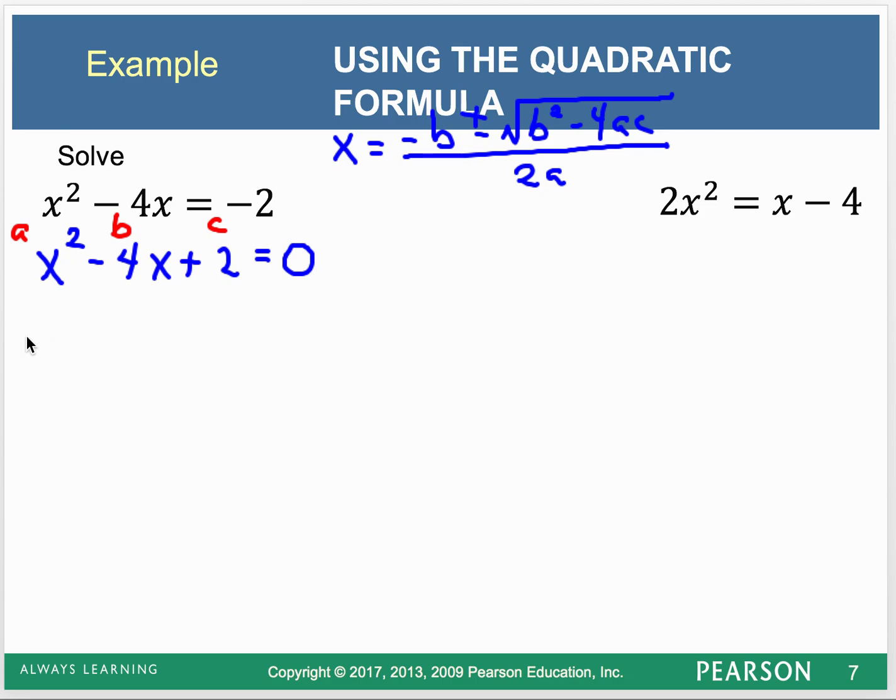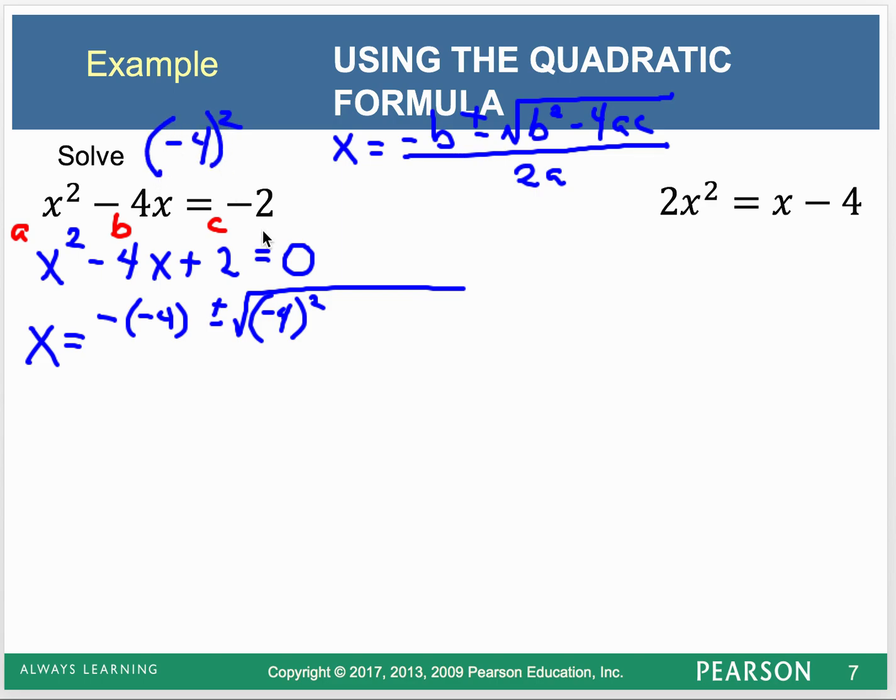All right, so I'll just plug into the quadratic formula. X equals -b, so -4 plus or minus the square root of b squared. Watch your notation. If you just write -4 squared, that's not correct, right? This gives +16.